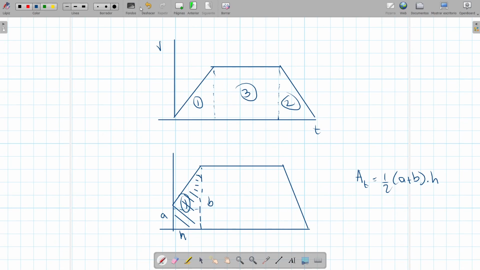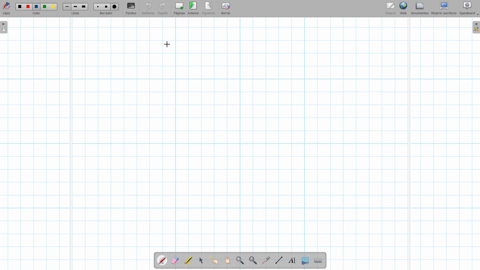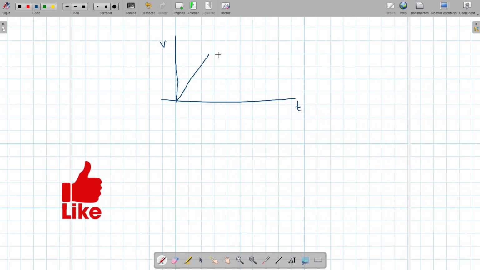Okay, so as a conclusion, velocity versus time graphs, we can have speed versus time graphs. In velocity versus time, we can have negative velocities. In the speed, we don't. And we have various options. One of them is a straight line going up. That's constant acceleration. We can have a straight horizontal line. That's constant velocity.